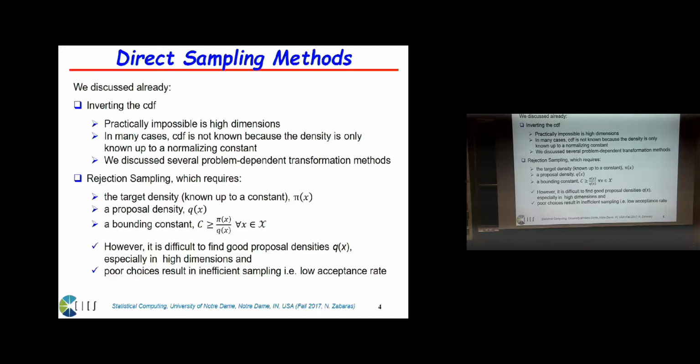We have a target density, but we actually sample from what is called a proposal density. In addition, we need to compute a bounding constant: C times Q has to be on top of the distribution pi of x for all x.